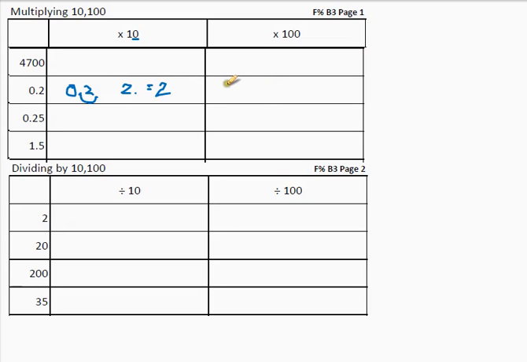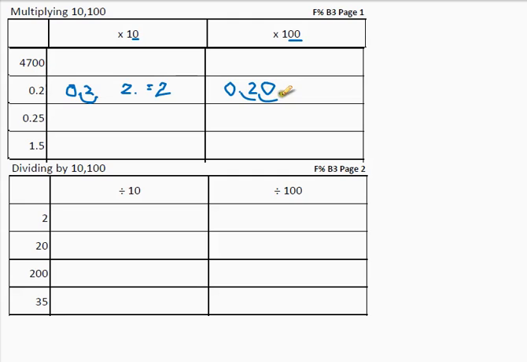Okay, 0.2 times 100. So let's write down 0.2. Let's add another 0 here because that will change nothing to this number. There are invisible zeros there anyway. We times with 2 zeros there, in other words, move the point 2: 1, 2.